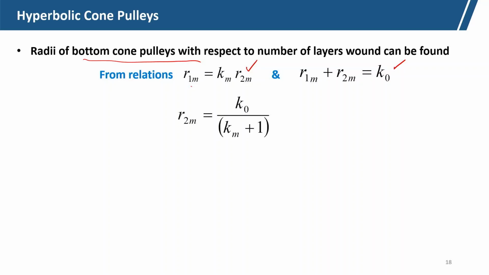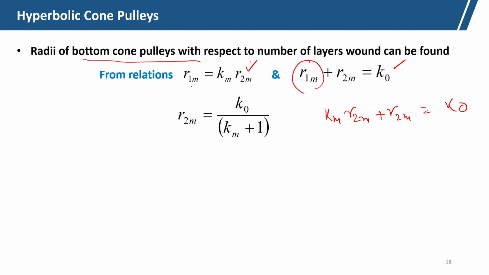By using these two relationships we can get R2m equal to K0 by Km plus 1. What we do is replace R1m here: Km R2m plus R2m equal to K0.